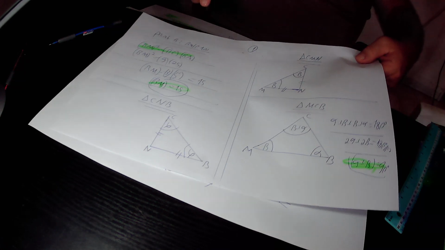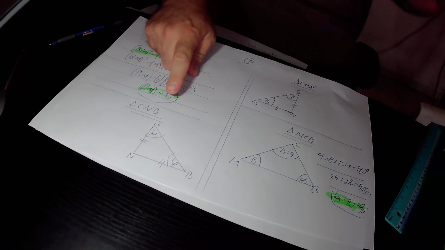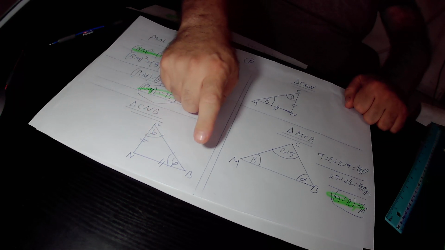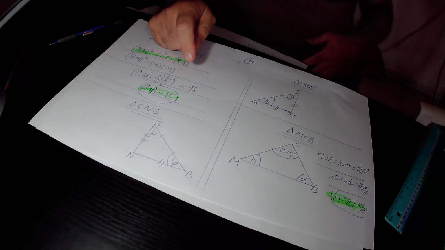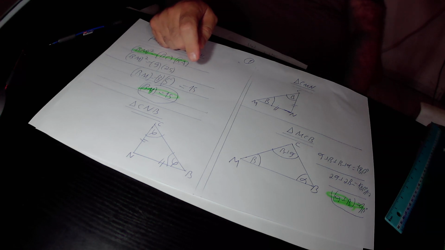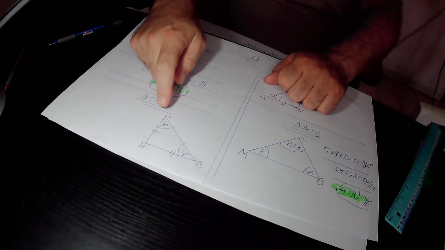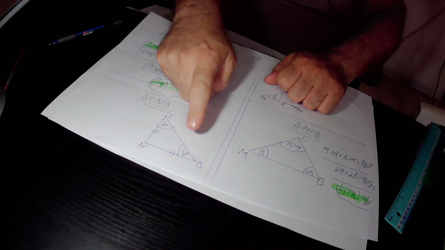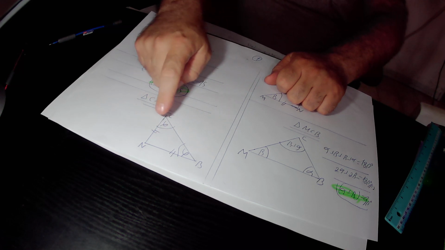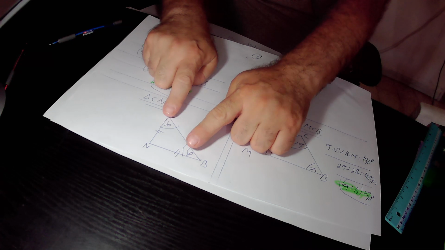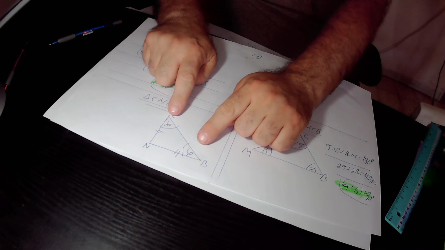So this is triangle CNB that I copied from the original drawing. According to rule 2, CN equals NB. And according to the rule that opposite equal sides in a triangle there are equal angles, the angle opposite side CN and the angle opposite side NB must be equal to each other.